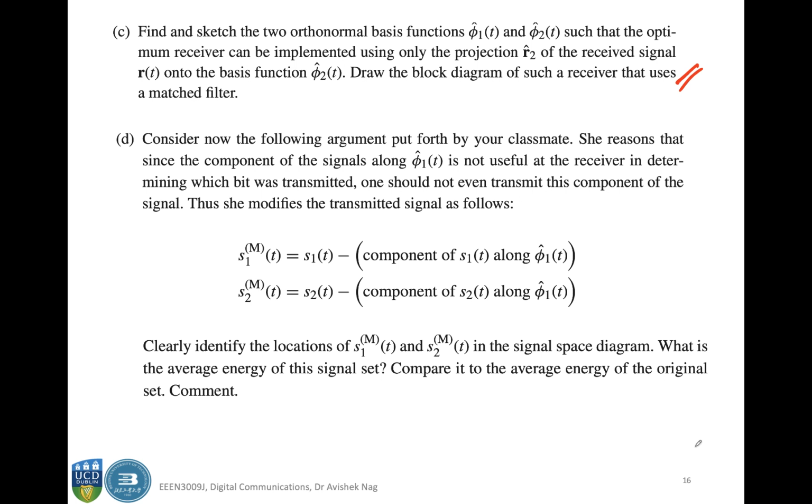So this is the modified signal. S1m(t) is basically S1(t) minus the component of S1(t) along phi 1 hat(t), and S2m(t) is S2(t) minus the component of S2(t) along phi 1 hat(t). Okay, so clearly identify the locations of these modified signals in the signal space diagram. What is the average energy of this signal set? Compare it to the average energy of the original set.